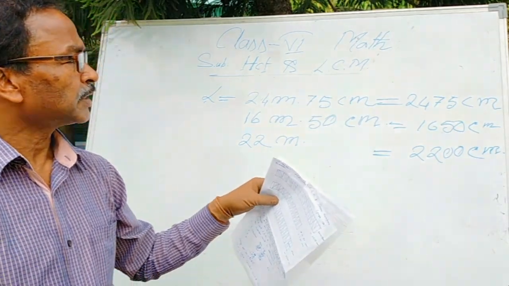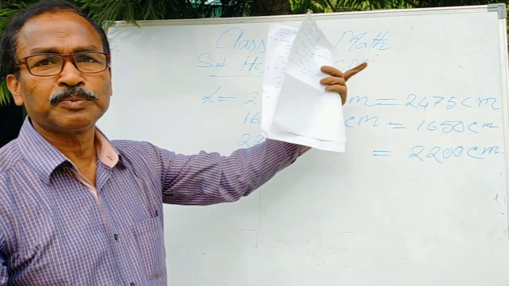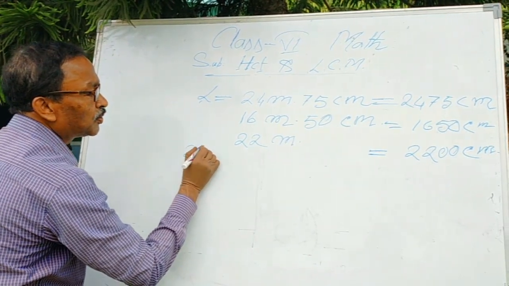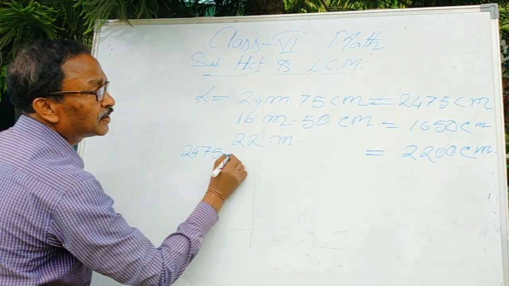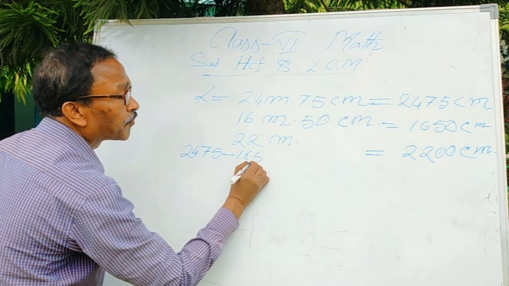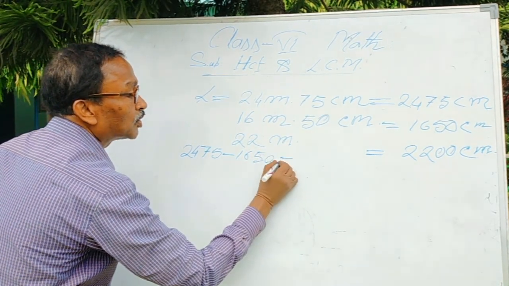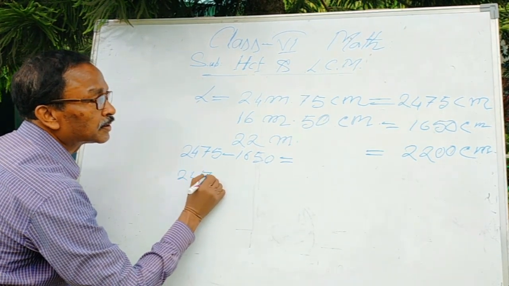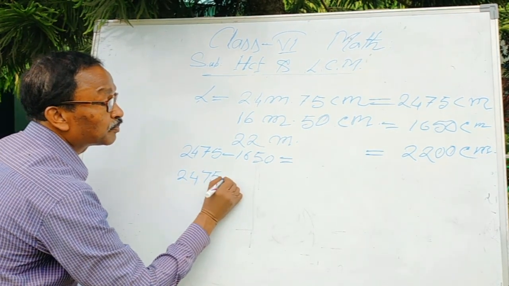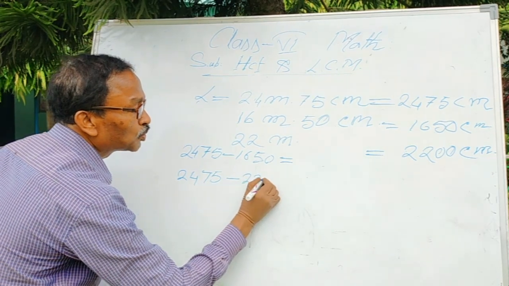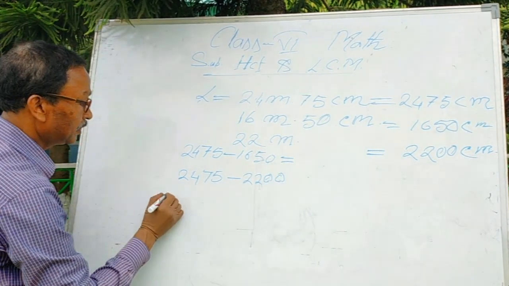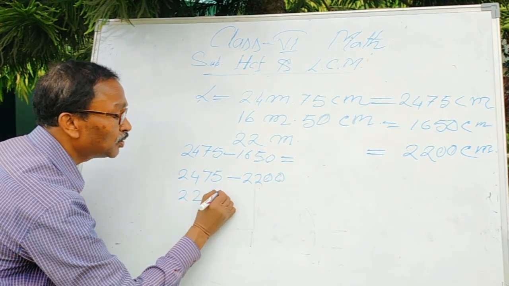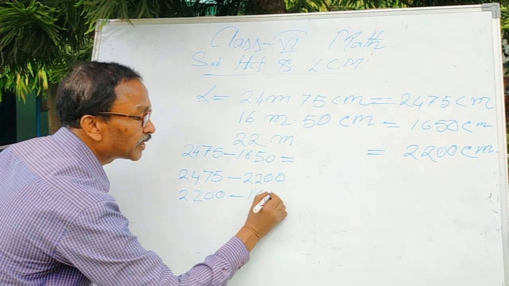For this, subtract the least number from any bigger number. Suppose 2475 minus 1650, then 2475 minus 2200, and 2200 minus 1650.